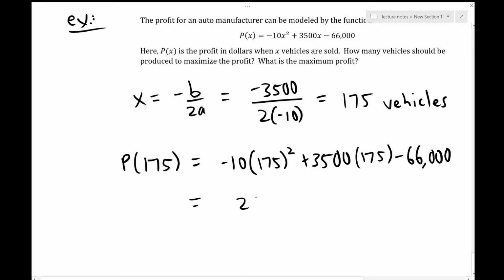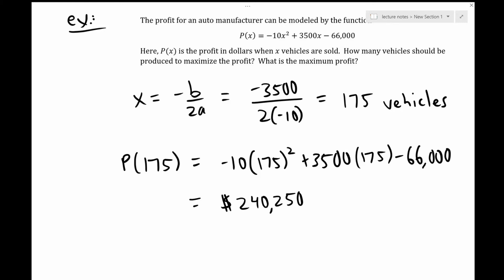What we end up getting is 240,250. Here the profit is being measured in dollars, so we want to indicate that this is a dollar amount. So by selling 175 vehicles, this auto manufacturer produces a maximum profit of $240,250.